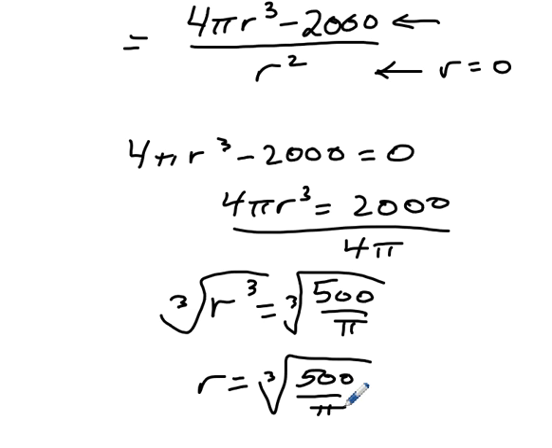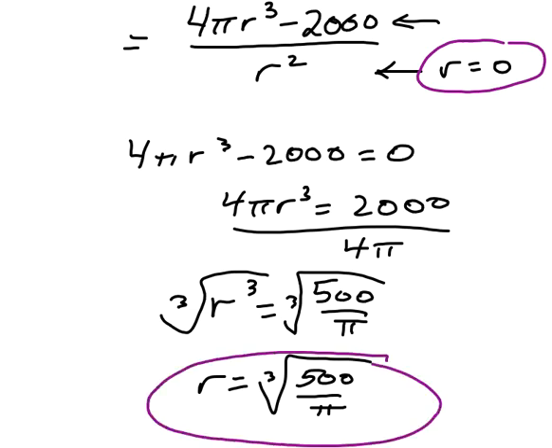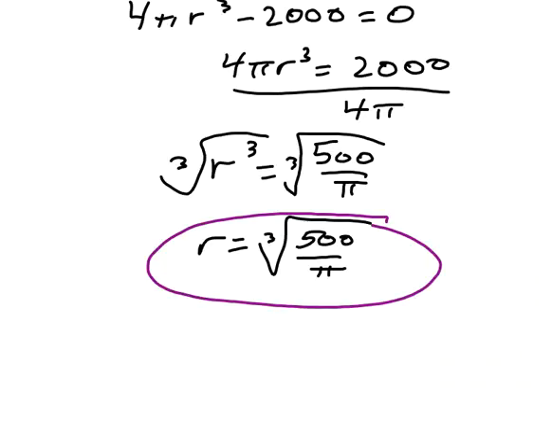So our critical numbers are either r equals 0 or r equals the cube root of 500 divided by pi. We're going to eliminate r equals 0 because that means there's no can. And while that would give us a very small surface area, it would also not hold the volume we're looking for. Next thing I'm going to do is find out what h must have been.